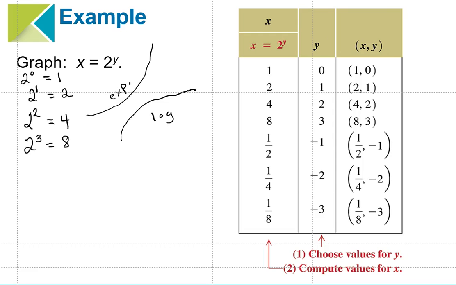And anytime you raise something to the 1, you get the original value, the base, back out of it. All right? When you go to the negatives, it becomes a fraction. Right? So here's what your exponential function is going to look like. And here's your logarithmic function. And they're going to be the same, kind of flipped on an asymptote that kind of runs diagonally through those.